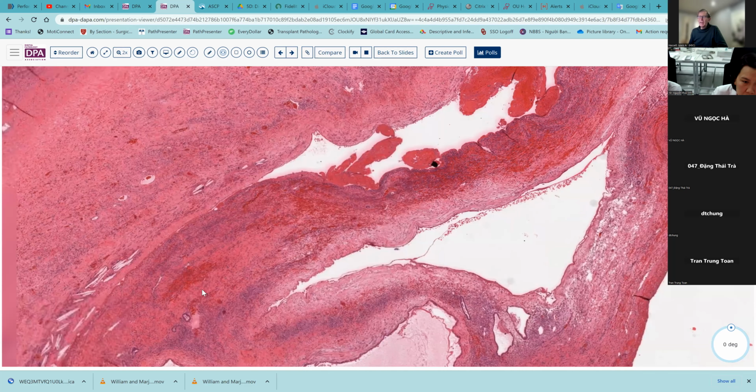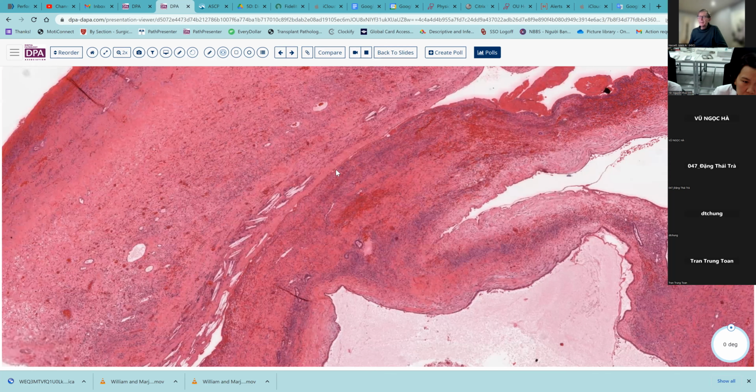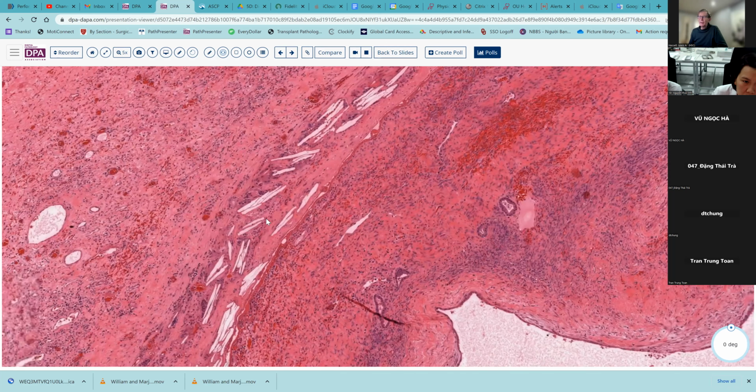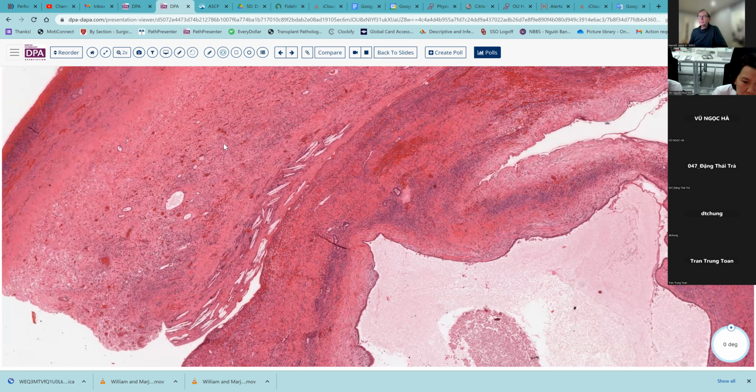Now, notice here we also get some sort of reactive changes. We have cholesterol clefts. So there's been some inflammatory reaction, some hemorrhage or something that has gone along with this.